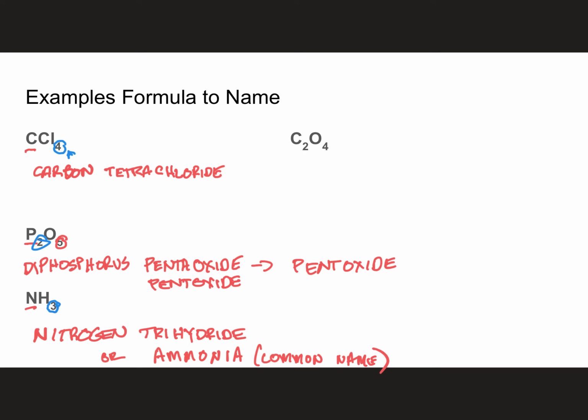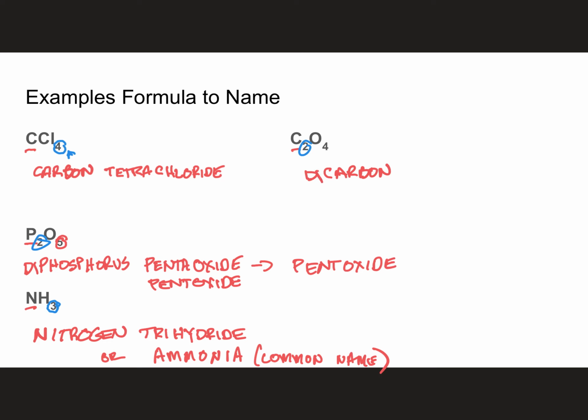And the last one, again, we're getting pretty good at this now. We're going to look at the first element, and that's carbon. So we just write carbon. We do see that there is a subscript with the carbon. So we go to our Greek table, and we see that's di.